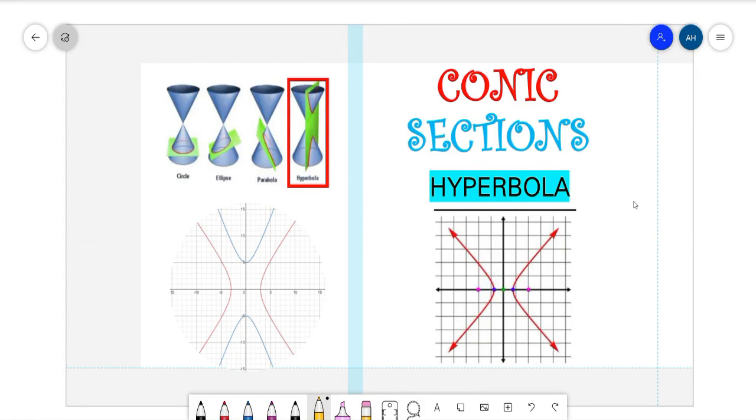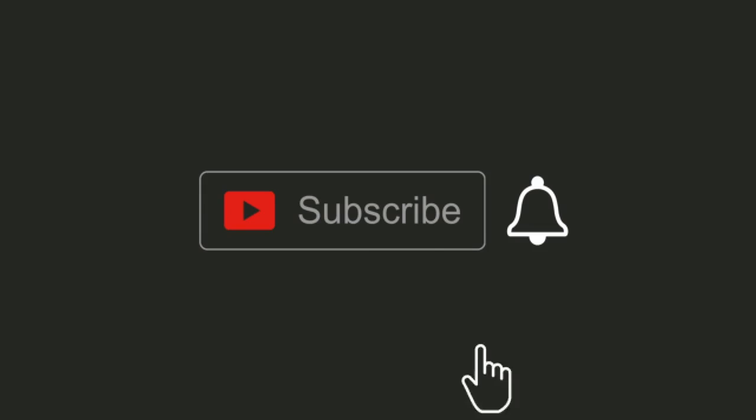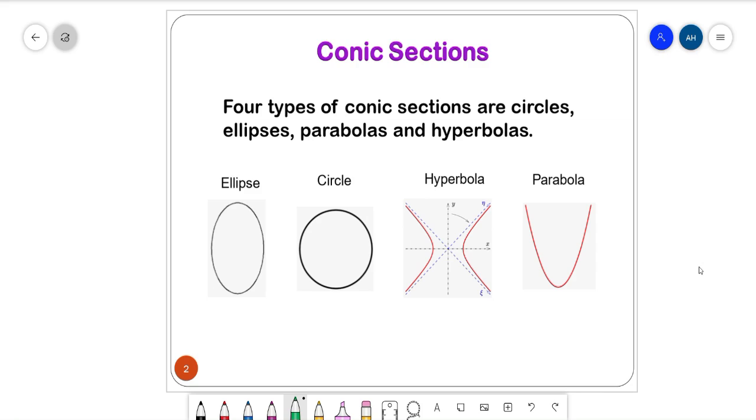In this video, we're going to discuss one type of conic section that we call hyperbola. As we know, conic sections can be divided into four different shapes. The first one is an ellipse, which looks like this, and this is a circle.